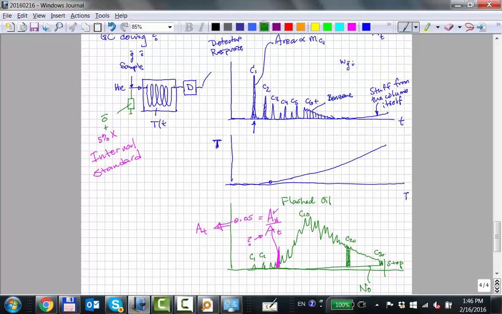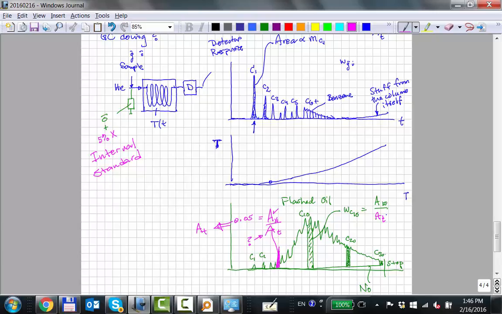So that if we want to look at C10, the weight fraction for C10 is the area of C10 over that back calculated total area. Okay. Yeah.